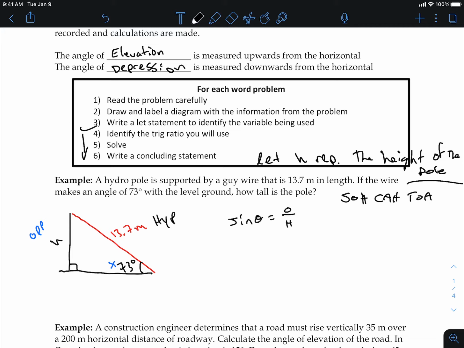Okay, so sine theta, sine 37 is equal to O over 13.7. Well, it's 73, sorry. It's the angle, right?